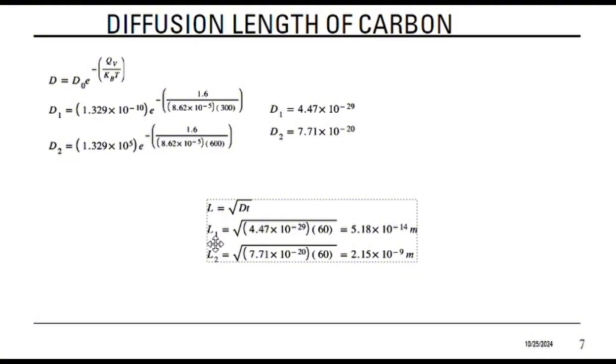And L1 again correlates with D1, so we plug in D1 with L1. 60 seconds, you get 5.18 times 10 to the negative 14 power. And L2, you plug in D2, 60 seconds, you get 2.15 times 10 to the negative 9 power.